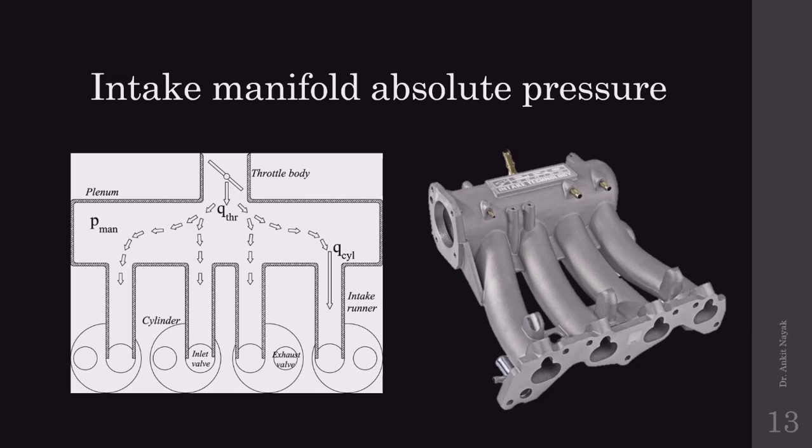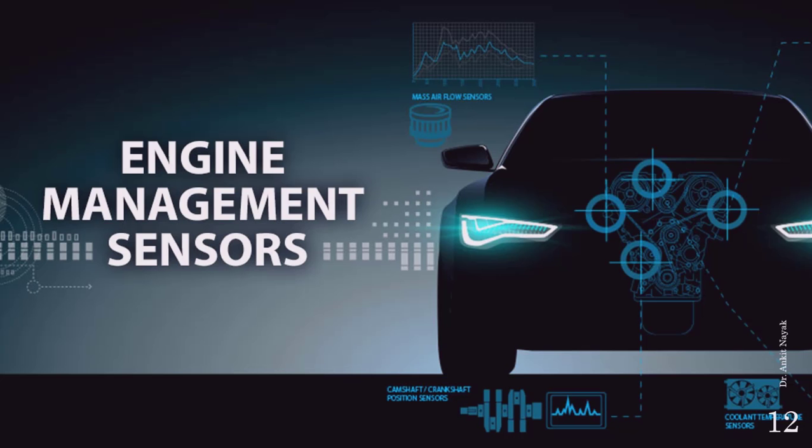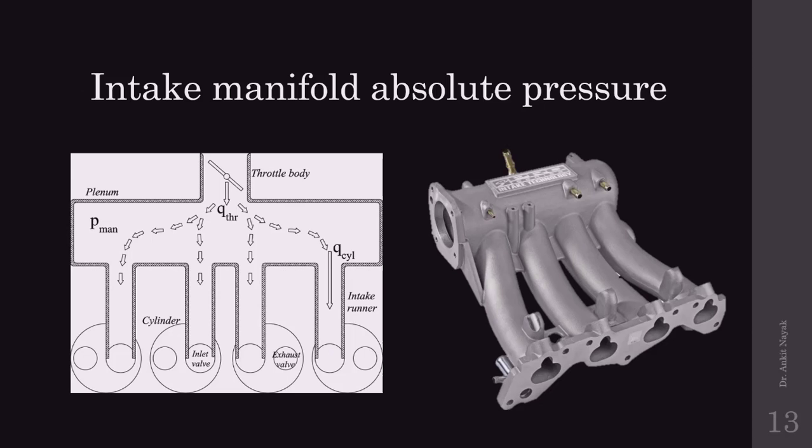For the engine management sensors, the first thing is the intake manifold absolute pressure. We have to maintain the intake manifold absolute pressure in order to ensure the proper efficiency of your vehicle. Such types of sensors, which are basically responsible for the engine efficiency or the entire power output of your vehicle, are known as engine management sensors.